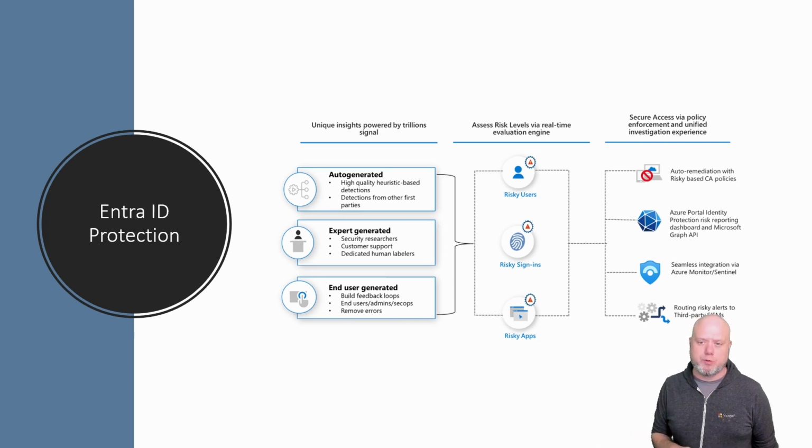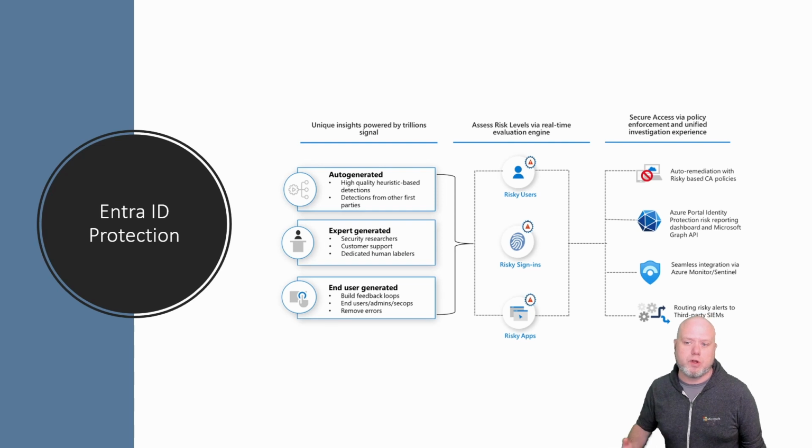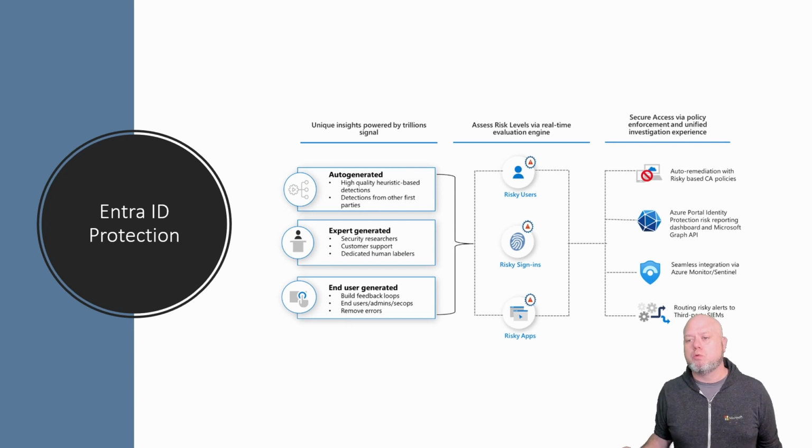Once we have both of those pieces of information, we can assign a risk level to the user and to the sign-in, and we can use that risk level to make decisions on whether we allow that sign-in to continue, whether we deny it, or we allow it to continue, but only if the user is able to validate their identity through a couple of other mechanisms.